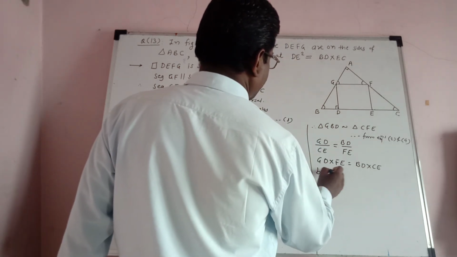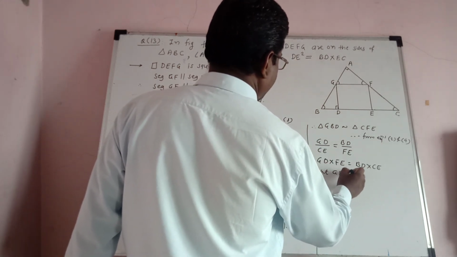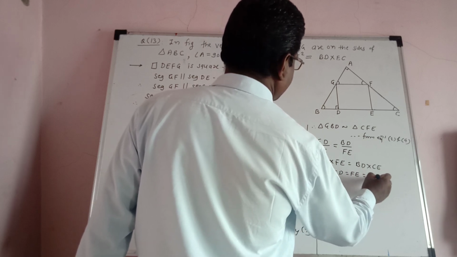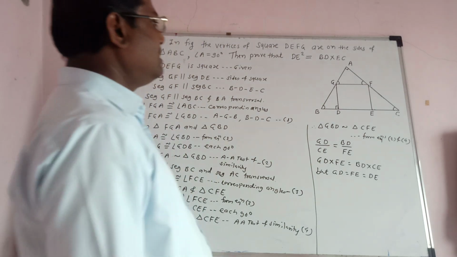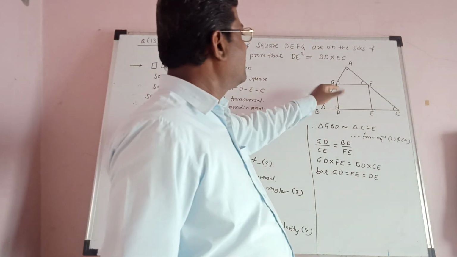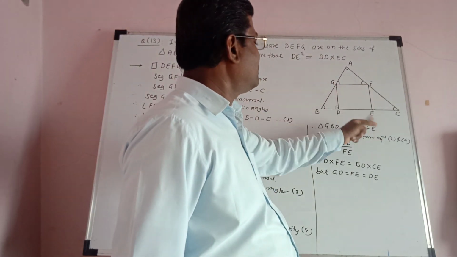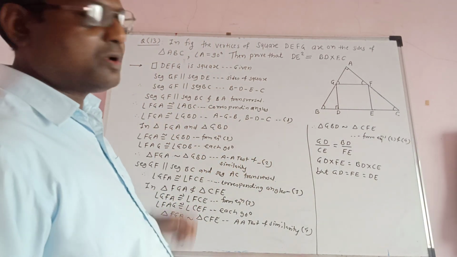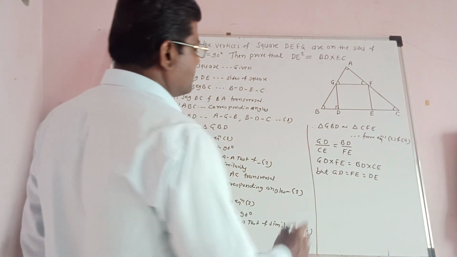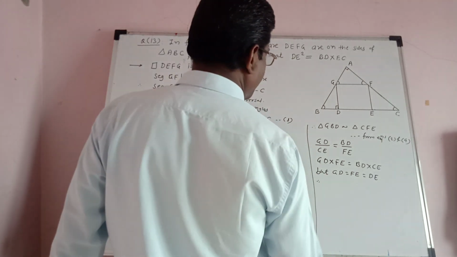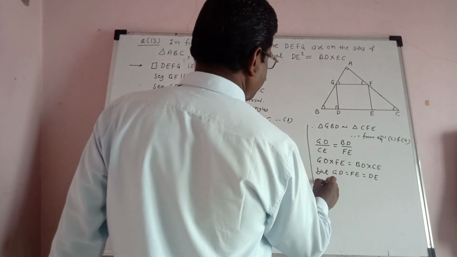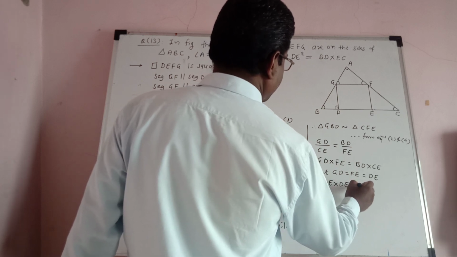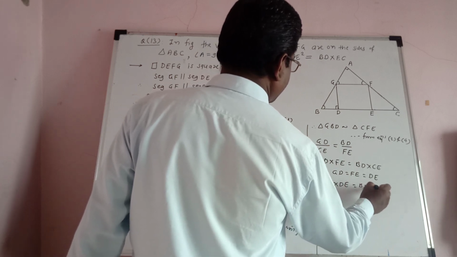But GD is equal to FE is equal to DE, since sides of a square are congruent. Therefore, DE into DE is equal to BD into EC.